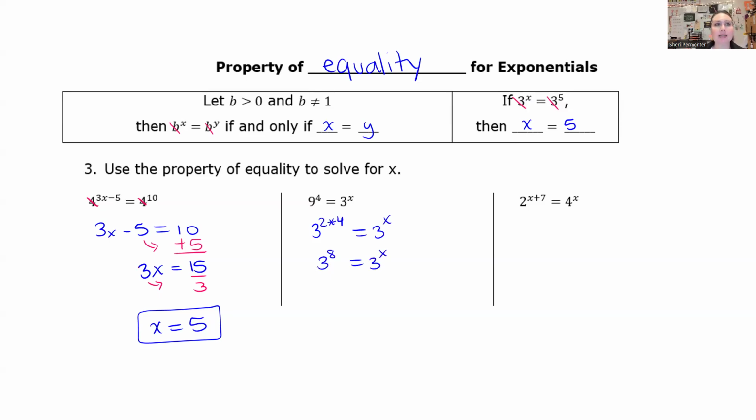Now that we have our bases equal, we can mark them out and set the exponents equal. So 8 equals x. And again, you could type this in the calculator to check. You could type in the calculator 9 to the 4th power, and it will be the same as 3 to the 8th power.